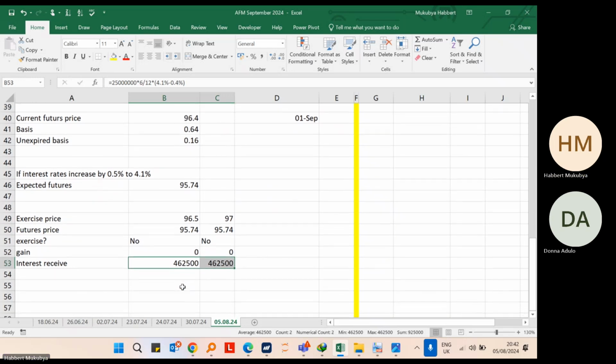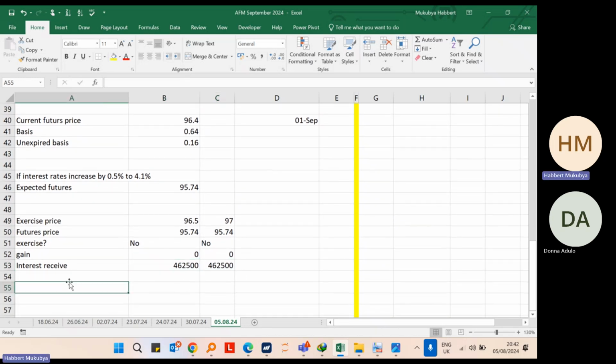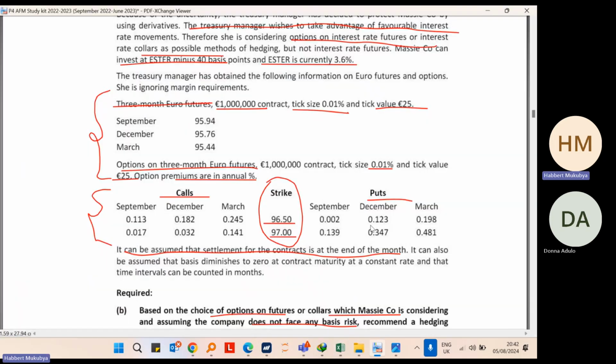Okay, so then you also pay premium. The premium is always the one which is given to you. So for this 96.5, the premium of the December is 0.182, and this is always usually in percent.